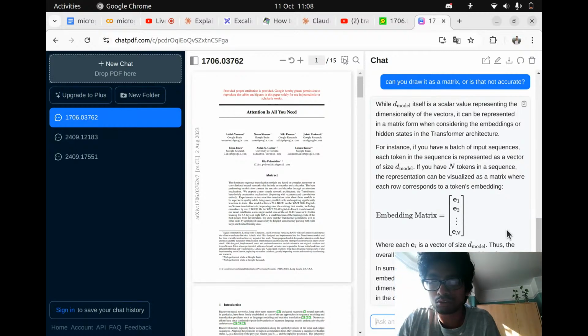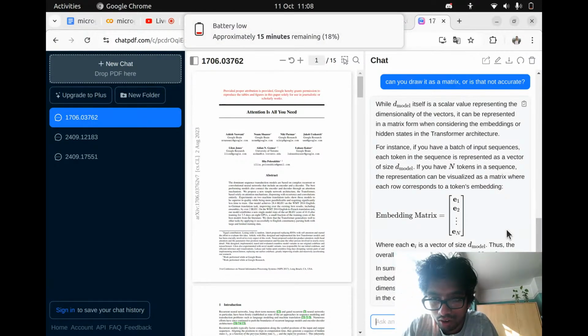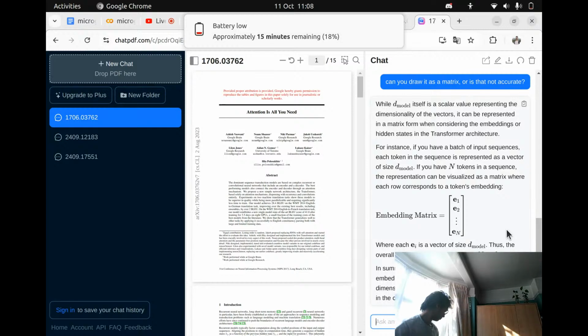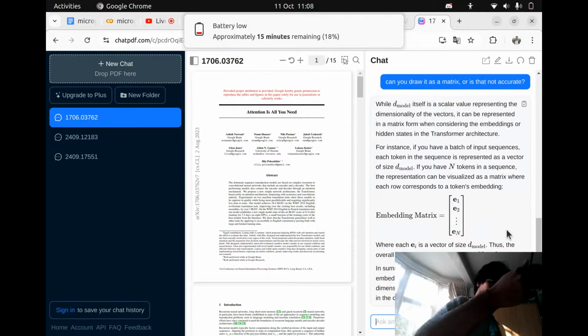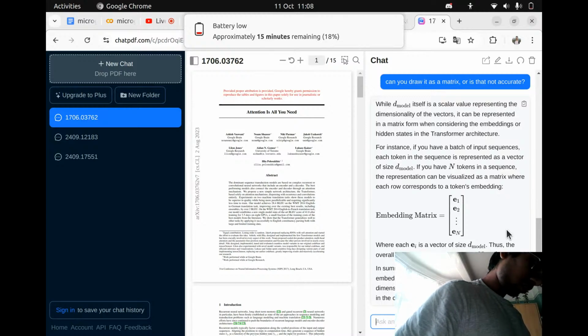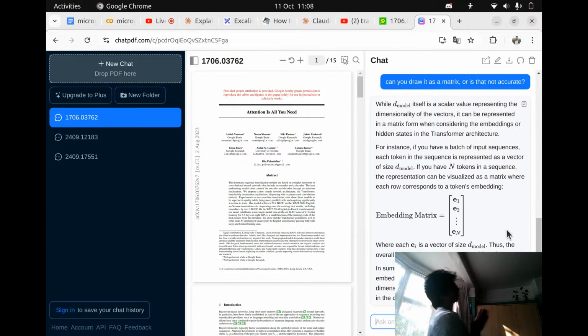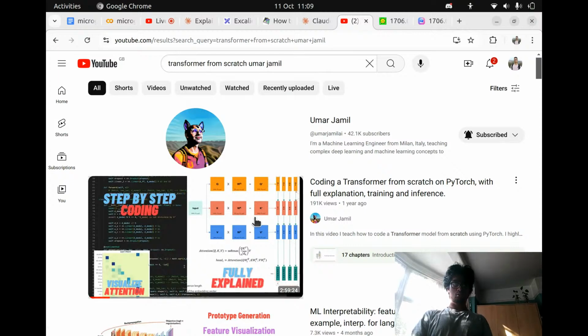It's something to do with, okay, so n is the number of tokens in the sequence. Okay, hold on a sec. Right, so each token is matched to an embedding. Ah, right. Okay, so D model is... okay, hold on a second.